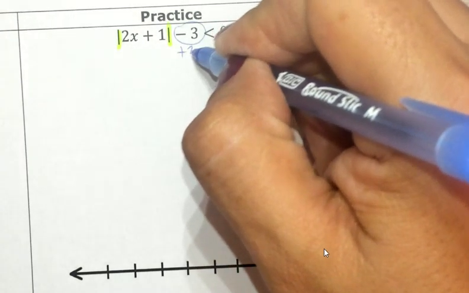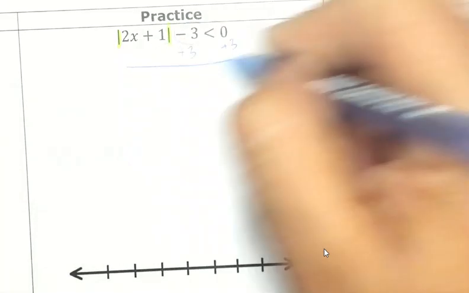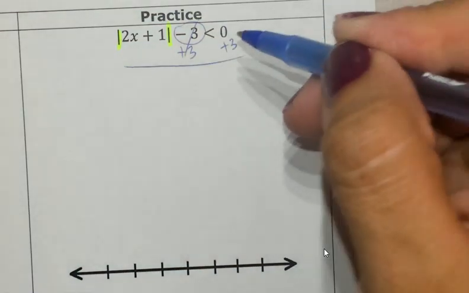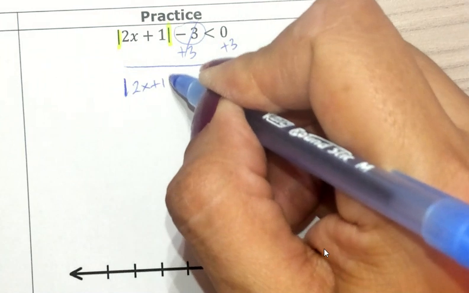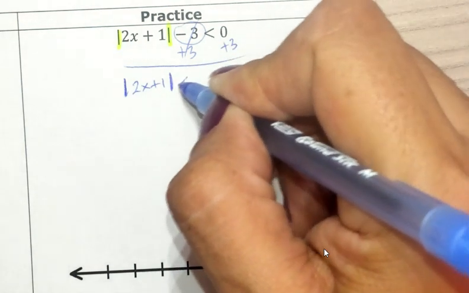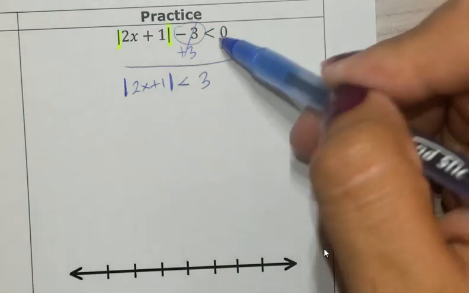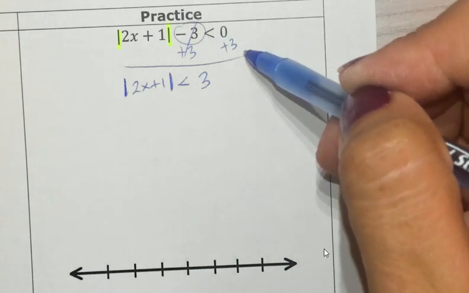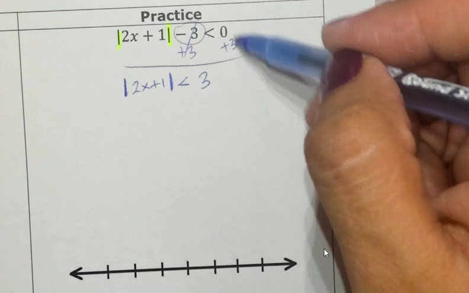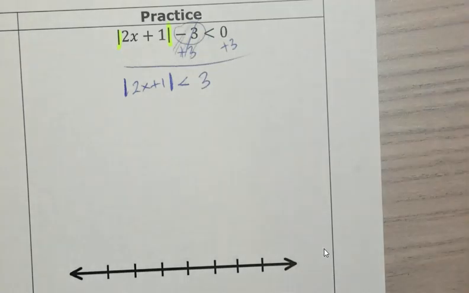So we add 3 to both sides, and we end up with absolute value of 2x plus 1 less than 3. The sign doesn't change because we did not multiply or divide by a negative.